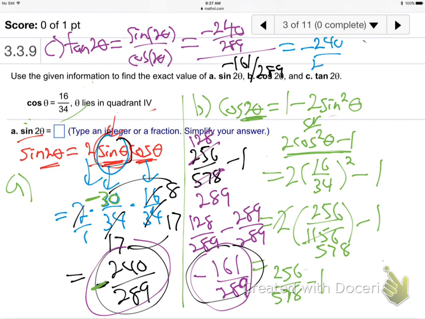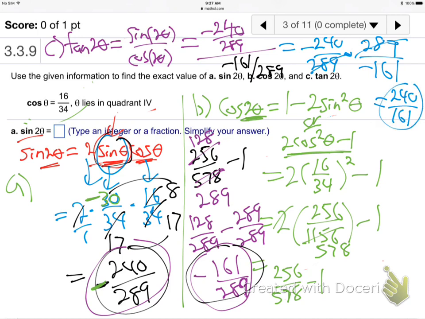So minus 240 over 289 times, flip it up, 289 over 161. So the 289s cancel. The two negatives cancel. 240 over 161. Positive. I don't think that reduces. I could be wrong, but probably not.